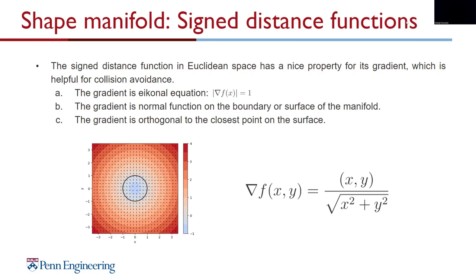And the third one is that the gradient points along the line to the closest point on the surface, which means that if you take, let's say, this point over here, check the gradient, flip it, and go back toward the manifold, you reach the closest point from that initial x.